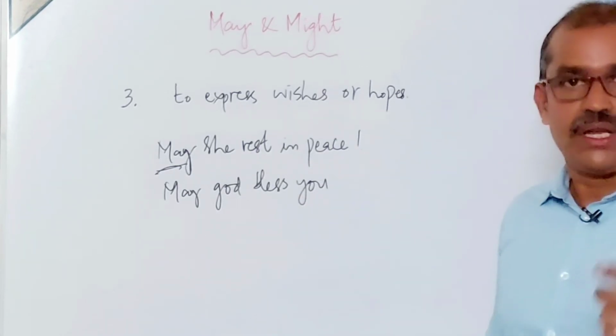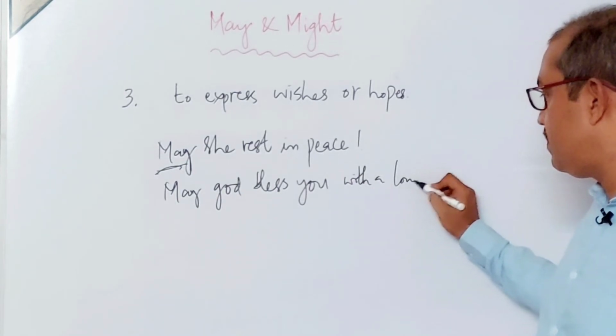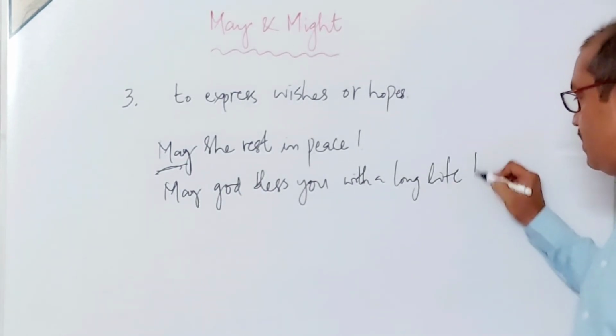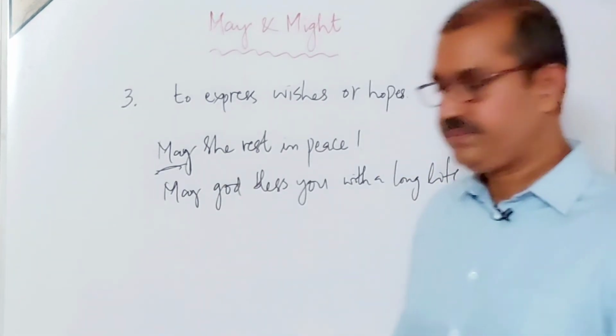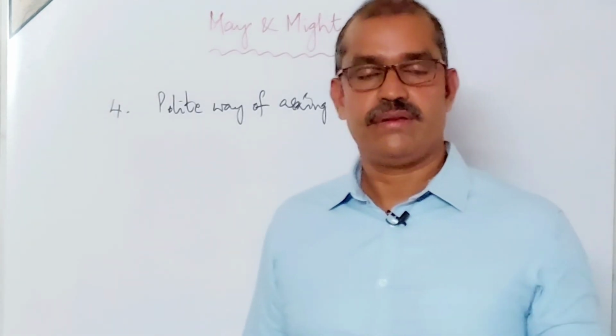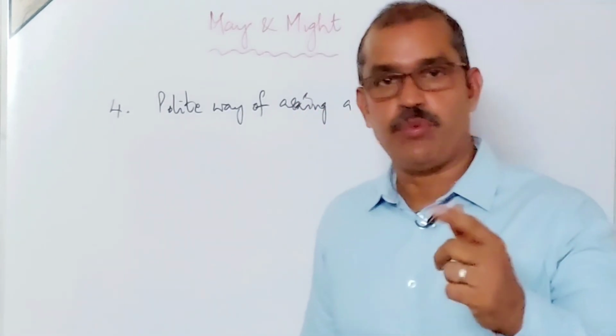May God bless you with a long life. At the end you can use exclamatory mark. Right? Friends, the fourth occasion is may is used when you ask a question in a polite way.